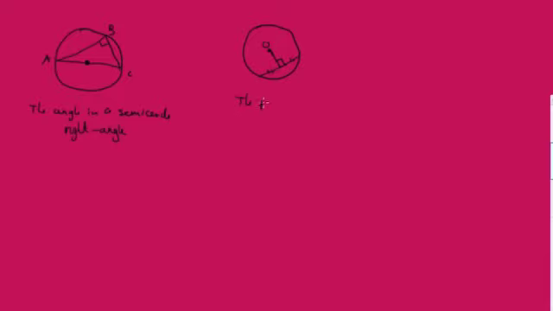So the perpendicular from the centre to the chord bisects the chord. Bisects means it basically cuts it in two. Every time you see the word bi, it means two. So it cuts it in two there.